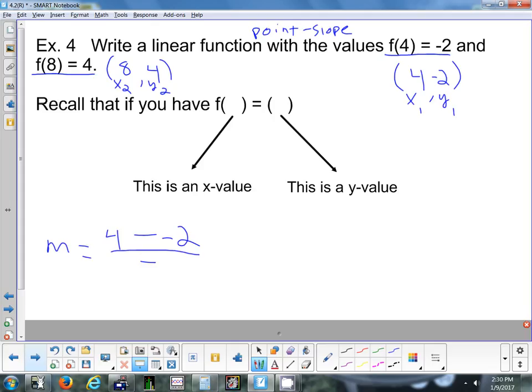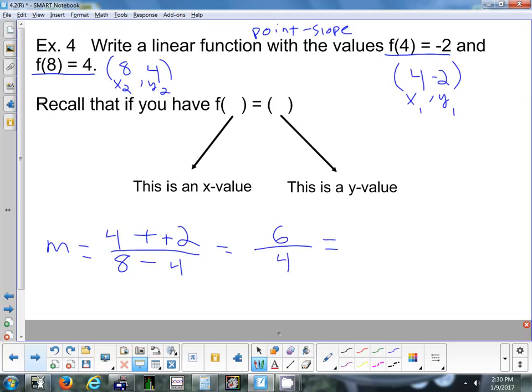And on the bottom, we have x2, 8. Yep. Take away x1, which is 4. Now, be careful. What's 4 minus minus 2? 4 minus 2. Possible. 6. All right. Remember, 4 minus a minus turns into a plus. How about 8 take away 4? 4.